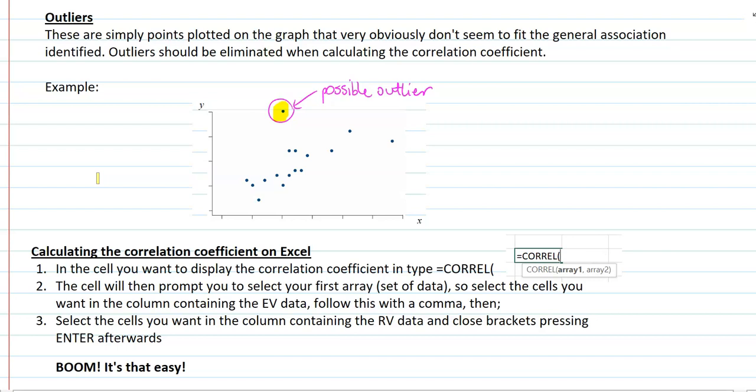The little code you'll use is equals CORREL. The cell will then ask for your first array, so select the cells in the column with your explanatory data, put in a comma, then select the column containing your response variable data, close your brackets, and press enter afterwards. It's that easy.